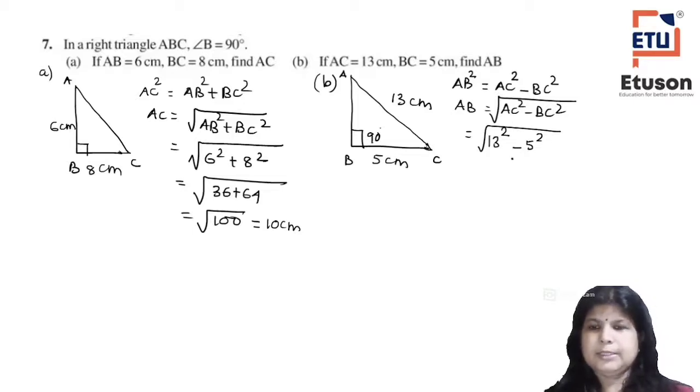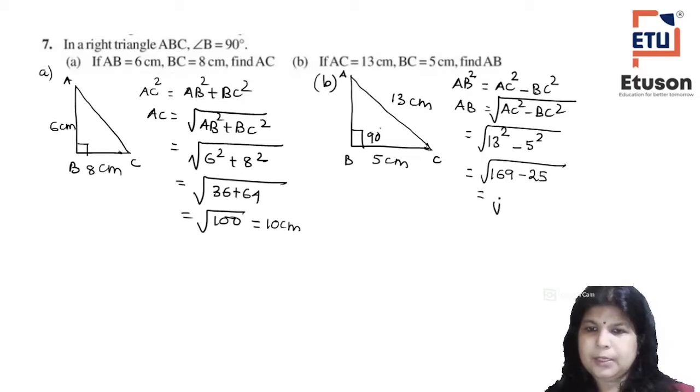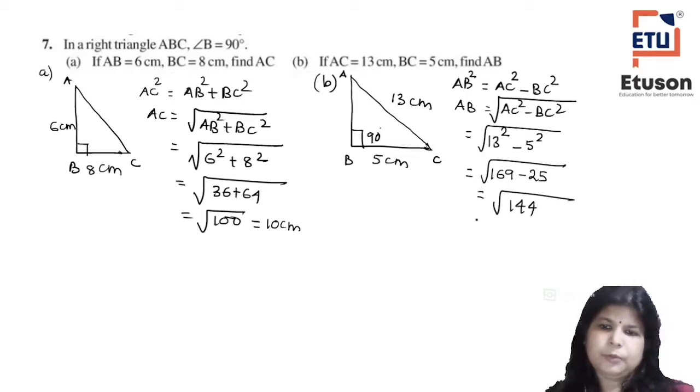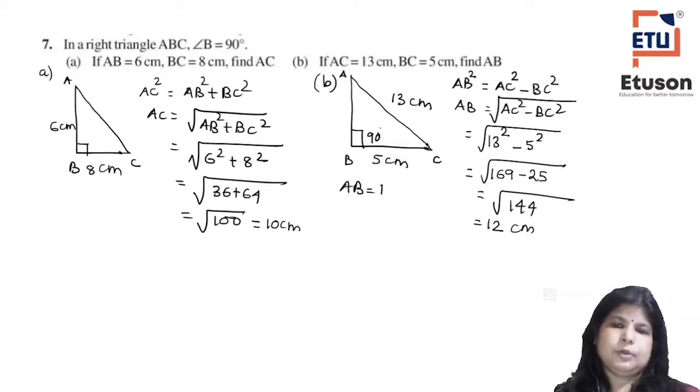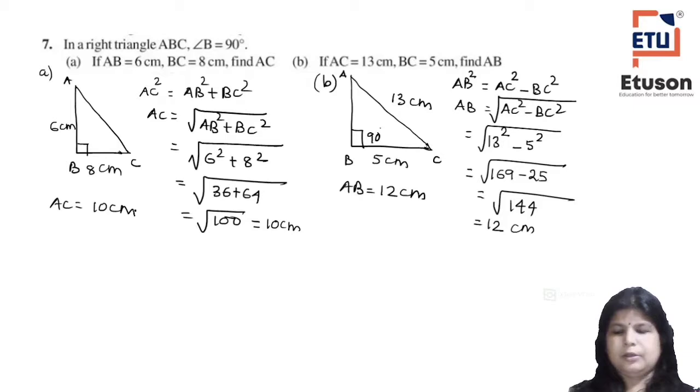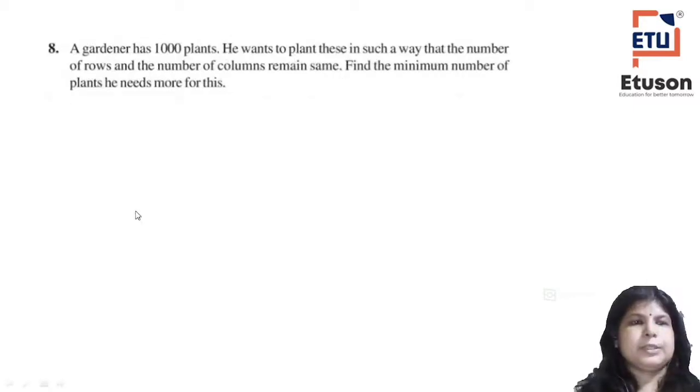Square root of 13 square minus 5 square, that is 169 minus 25, square root of 144, and your answer is 12 centimeter. So your AB will be equal to 12 centimeter and here is yours 10 centimeter. Correct or not?